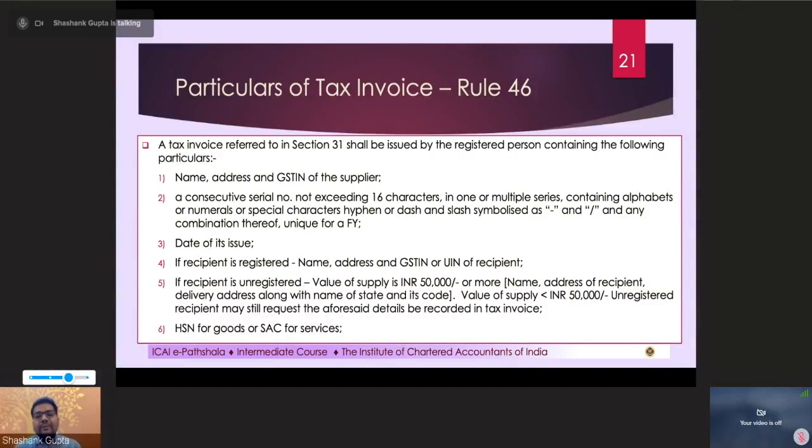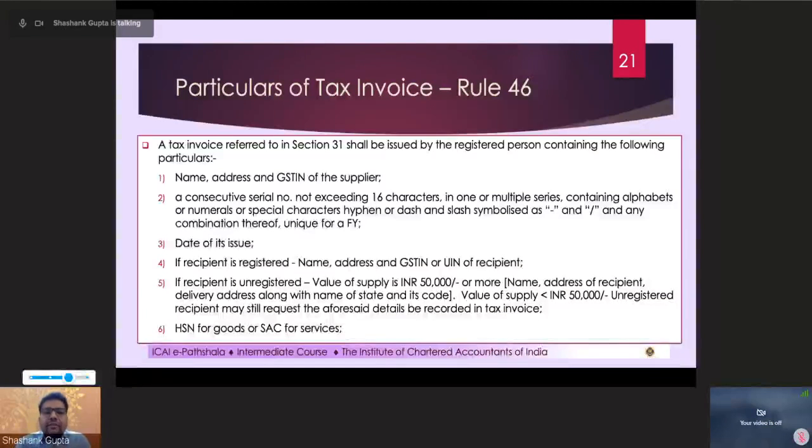So every state has been given a code, like UP has 09. If the value of supply is lower than 50,000, then the details of the recipient are not mandatory, but if the recipient requires, then such details may be mentioned on the tax invoice.